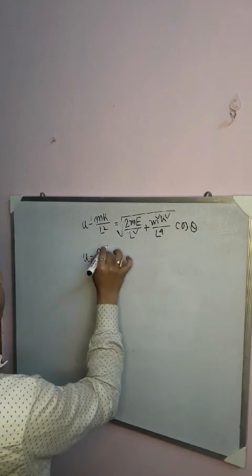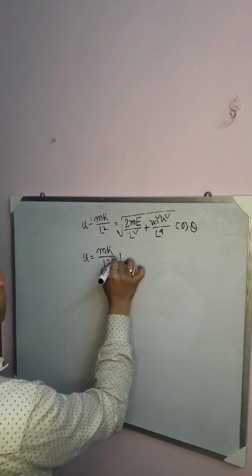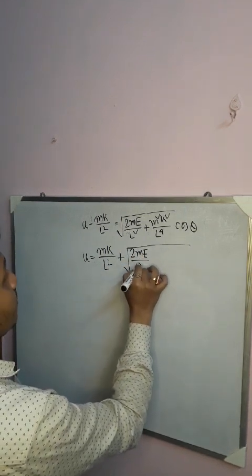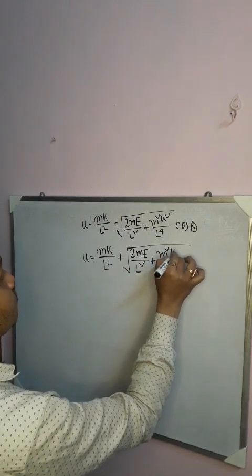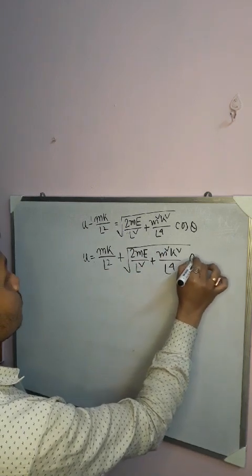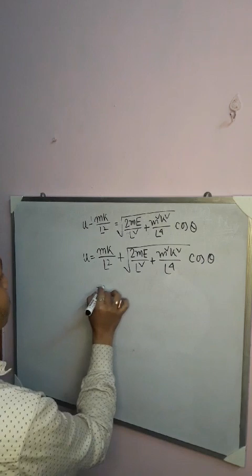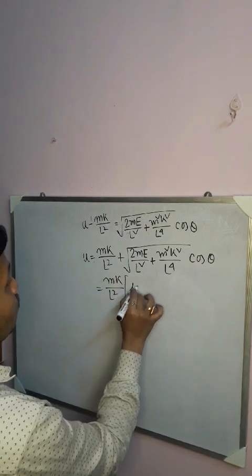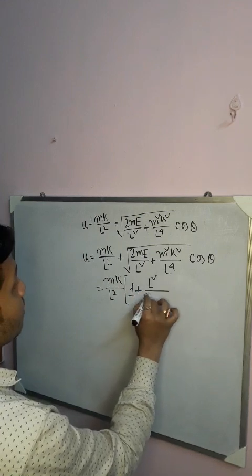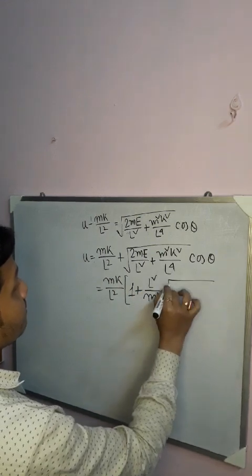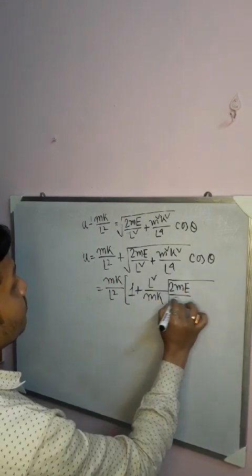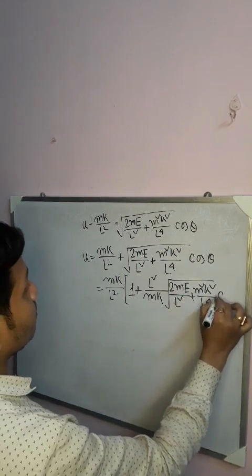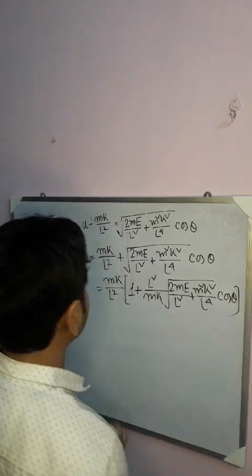My u will be mk upon l square plus this square root of 2me by l square plus m square k square by l to the power 4 times cosine theta. If you take mk by l square common, it will be 1 plus l square by mk times this square root, times cos theta.